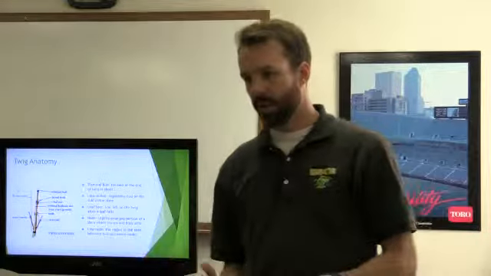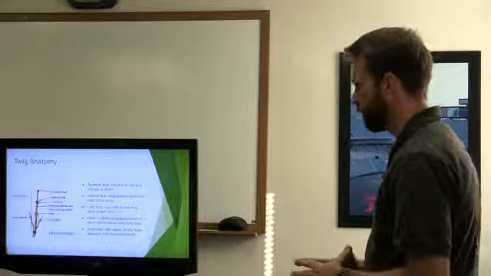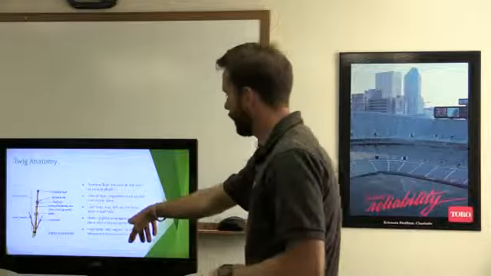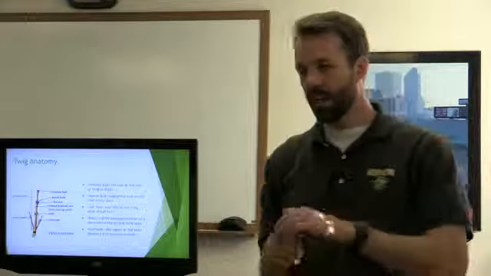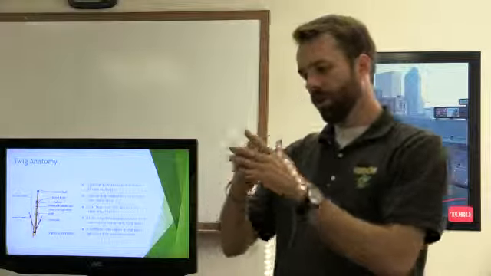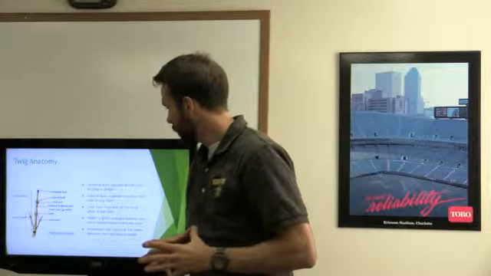The node, so the node is where you want to cut if you're going to prune, right? It's a slightly enlarged portion of the stem where the leaves or the buds arise. So you want to cut at an angle, and we'll look at that, right?